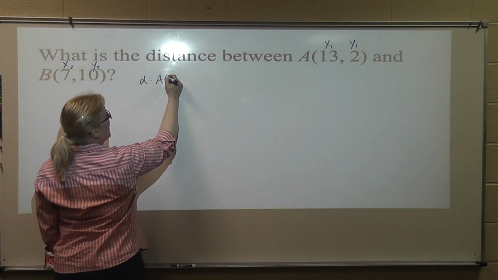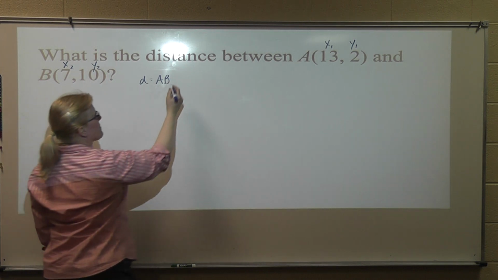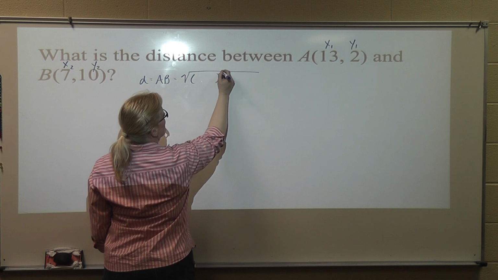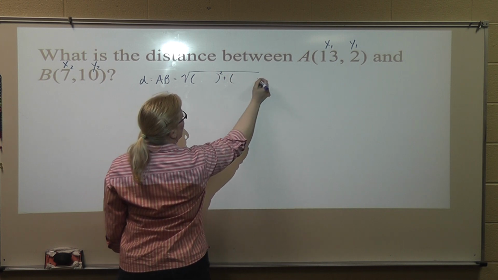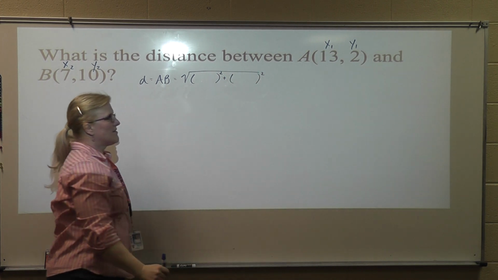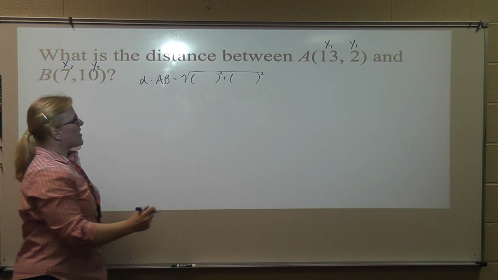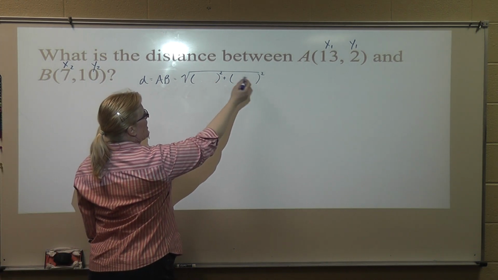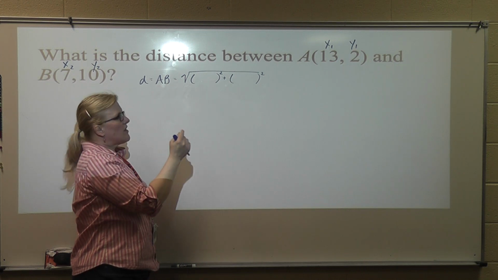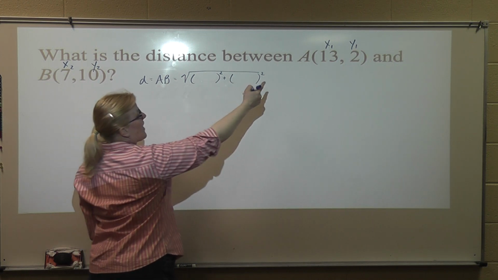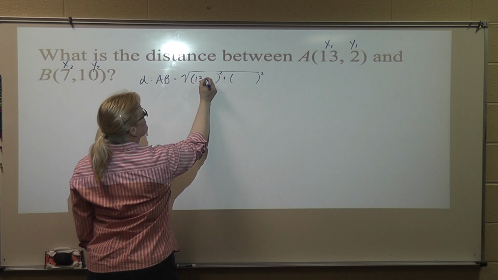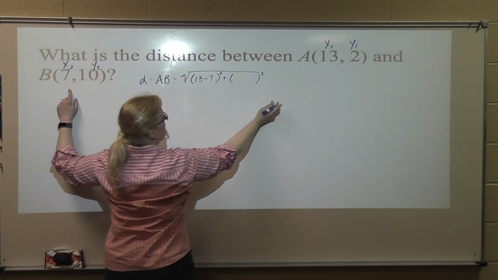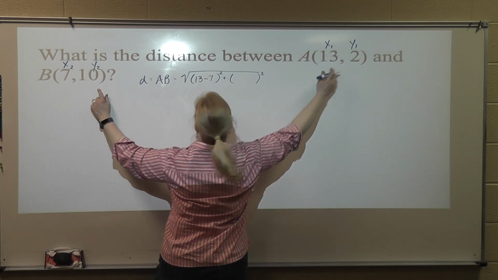In this case, though, I actually do have AB equals the square root, and I like to do this. It kind of looks like a person, two eyes and eyelashes, and anyway. And I'm taking my x values and I'm subtracting them. So 13 minus 7. And now my y values, 2 minus 10.